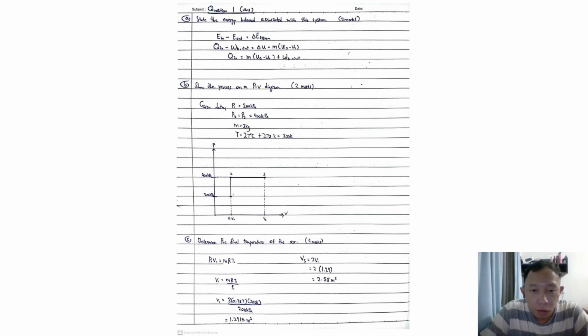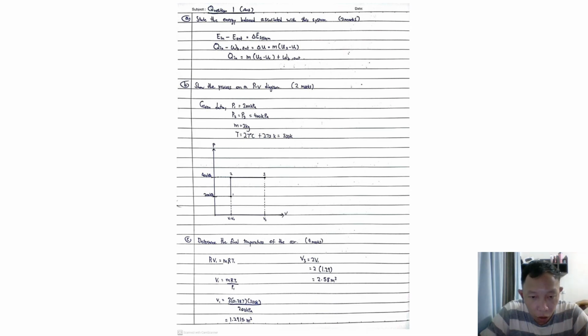And for C, to determine the final temperature of the air, we know that P1 times V1 equals mRT. V1 is equal to mRT over P1, where m is 3 kg, R is 0.287, T1 is 300 Kelvin, and P1 is 200 kilopascal.